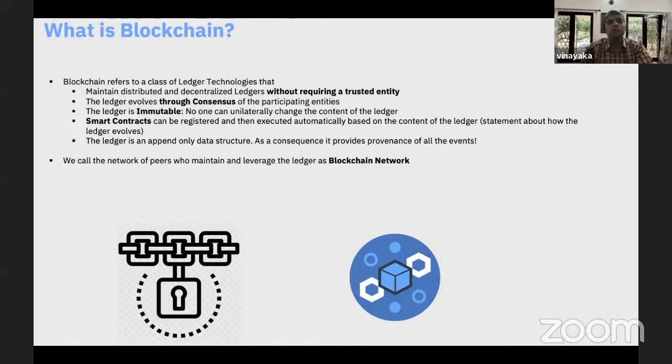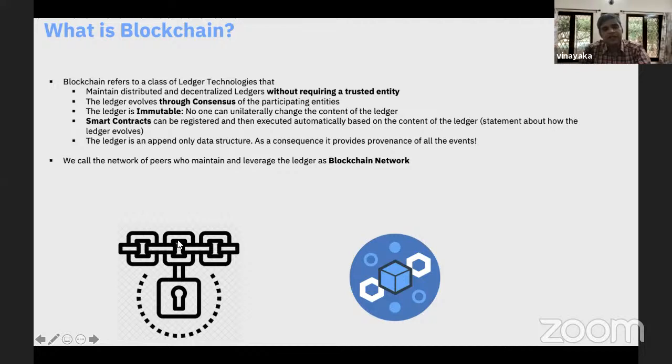So this is a distributed protocol that executes over a network and provides these kinds of properties for the participants. And why is it called a blockchain? Because the way the information is maintained is that there is a chain of blocks that get constructed as part of the protocol.